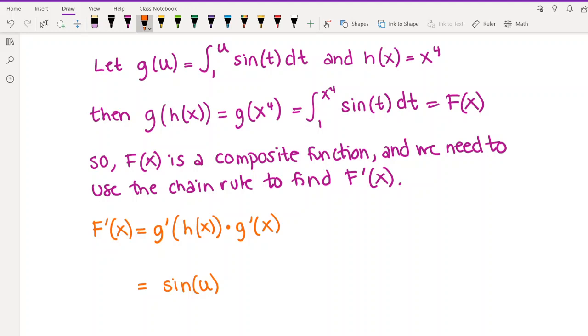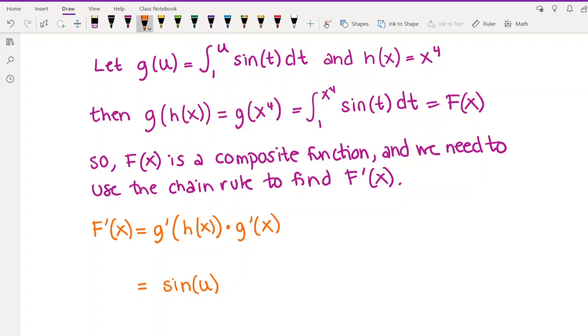Is everyone with me? I know that this is a little confusing because there's a lot of different functions floating around. But again, because g of u, forget about the fact that it's a u, it's a regular area function. We have an input variable here, we have the same variable here, there's nothing funny going on. So the derivative of the area function is just going to be equal to the integrand, except that we replace the t with u.